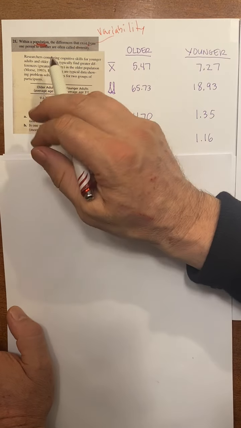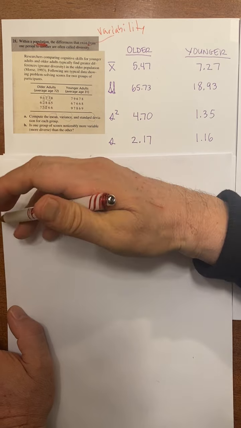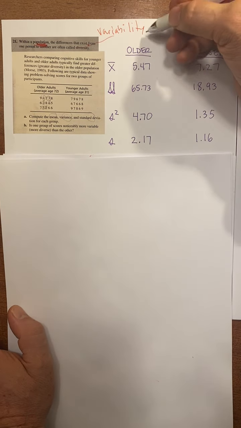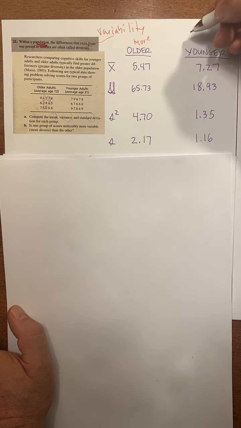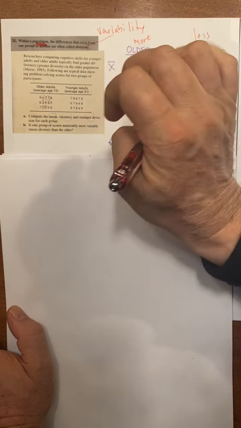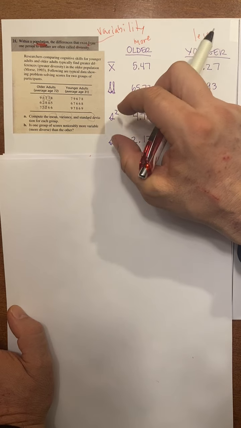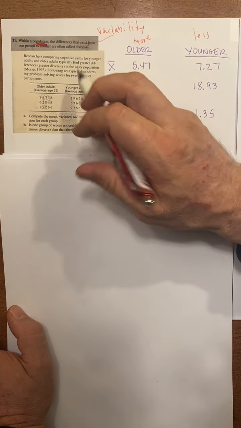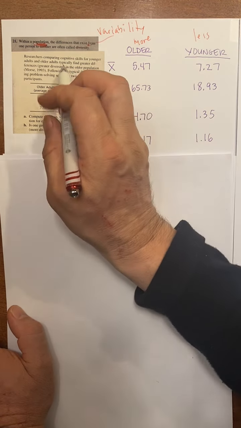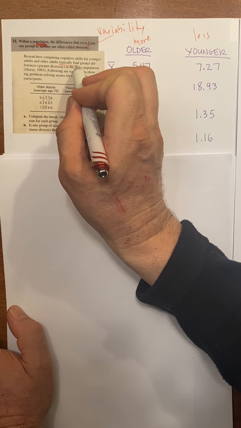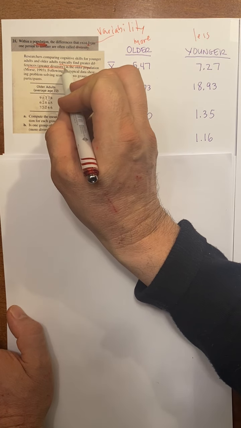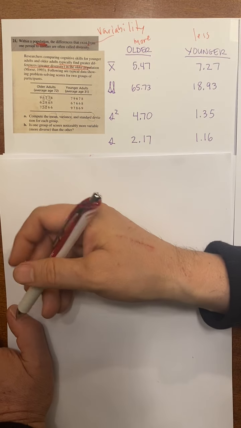So anyway, they're saying you should find more variability with older folks and less variability with younger folks. Right, that's what they just said: typically find greater differences, greater diversity in the older population.